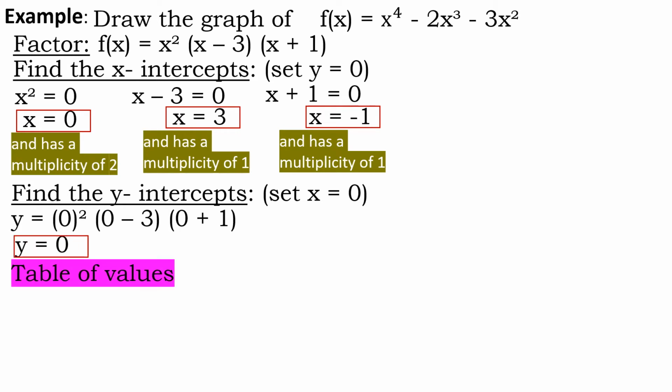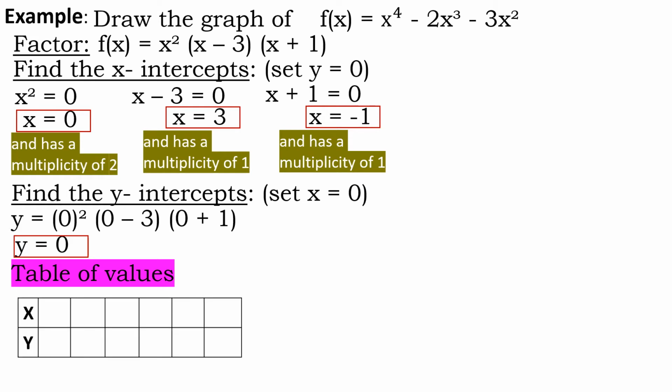Then, let us make a table of values. First, we put the x-intercepts: 0, 3, negative 1. Let us arrange them on a number line. Let us put 0 in the middle. Then, to the right, if x is 0, y is 0.